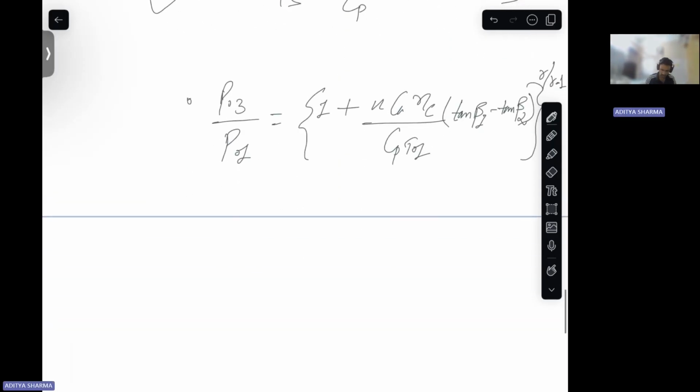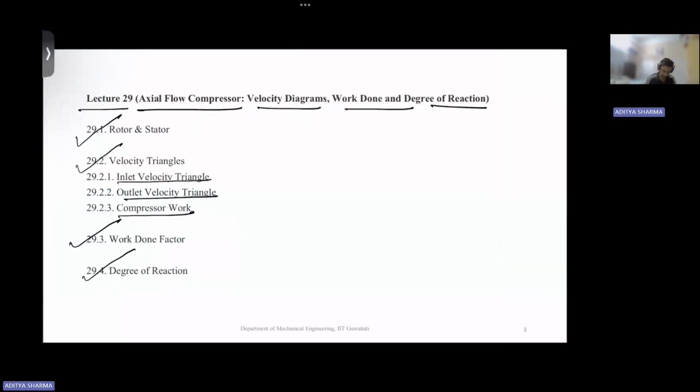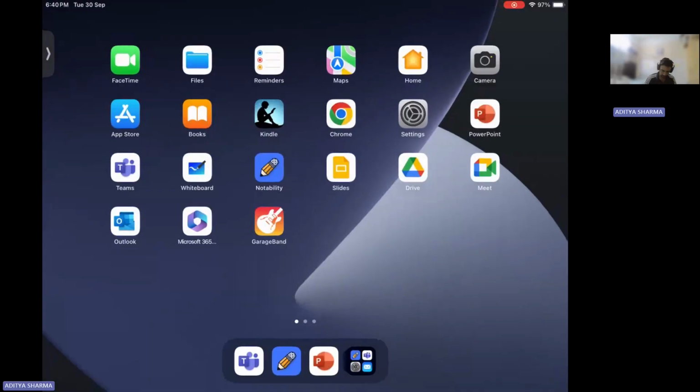Then there is one term, that is the work done factor. So what is the work done factor?